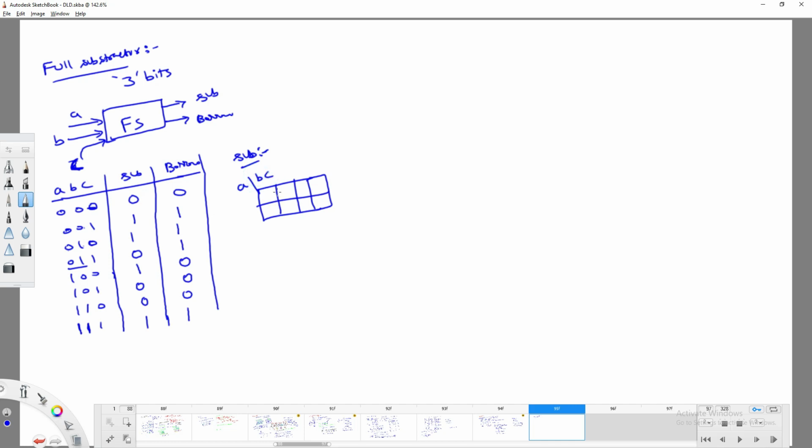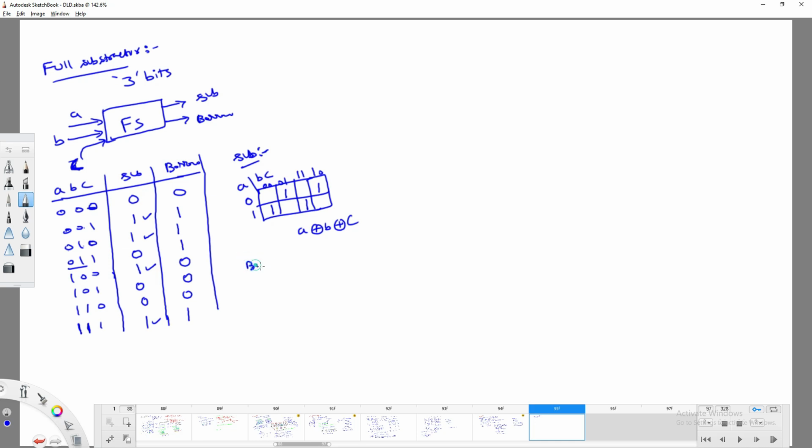A B C, if I take this as 0 1 0 0 0 1 1 1 1 0, the values are 1, 2, 4 and 7, right? Which is as A XOR B XOR C.